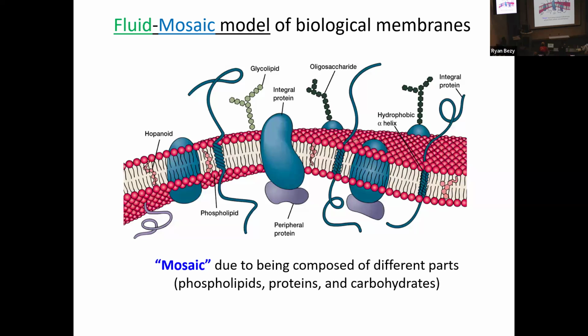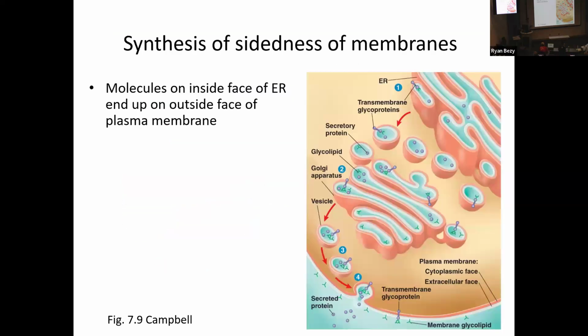Last thing I want to talk about with membranes is sidedness of membranes. Membranes have a sidedness to their construction. It turns out membranes are made in the ER. You know what ER stands for?